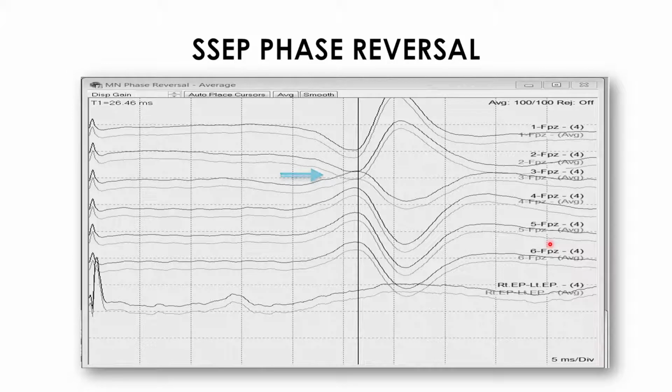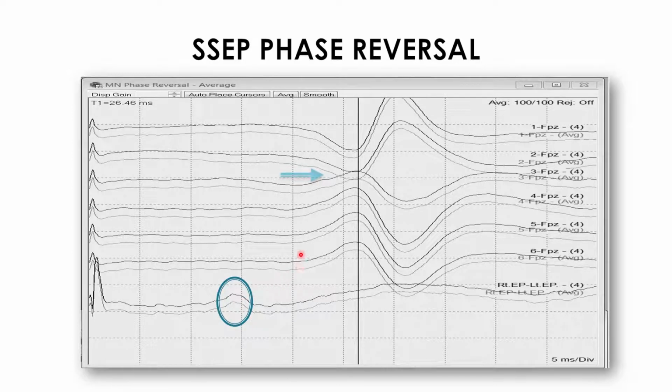Remember earlier I said that if you go over to the motor side of the central sulcus, that N20 or that cortical response might invert. And that's what we're looking for, that inversion, that crossover. It's important to note that you have a control to validate stimulation. So this first channel is an Erb's point electrode, and they're doing an Erb's point response to validate stimulation.